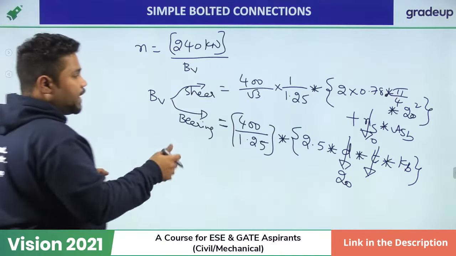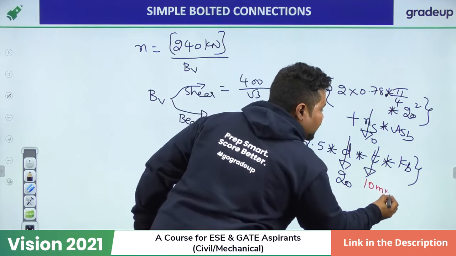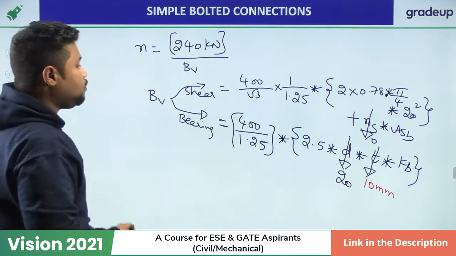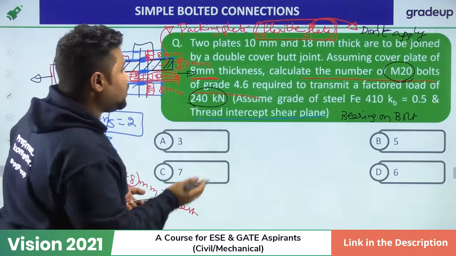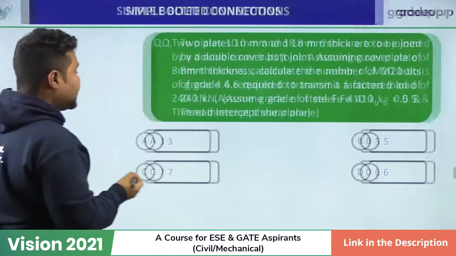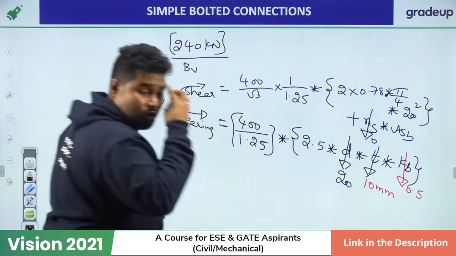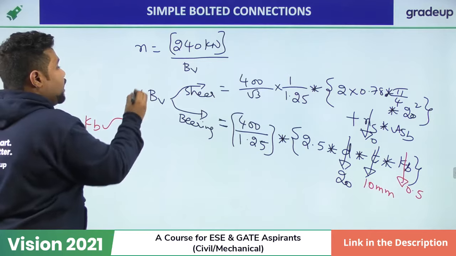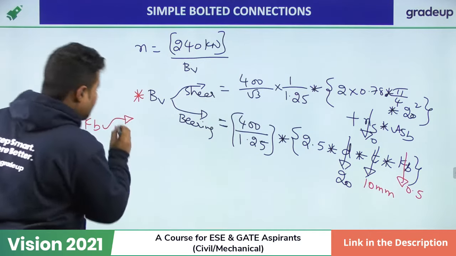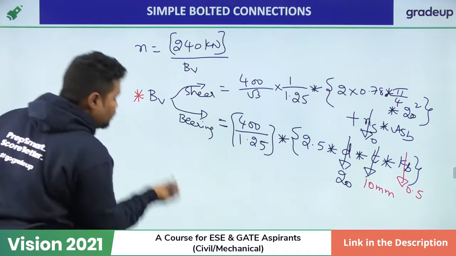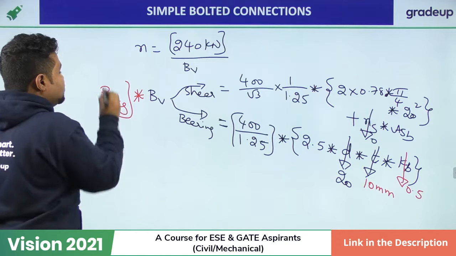This is the reason why I picked this problem. Coming to T, it is 10 millimeter, and KB you usually need to work out. Coming to KB, for edge distance, I think the KB factor is directly given as 0.5, so it is okay. But one more thing you need to consider: this bolt value is multiplied by a reduction factor due to packing plates, which is beta pkg.